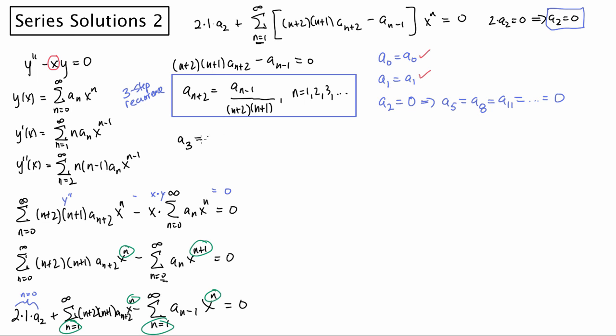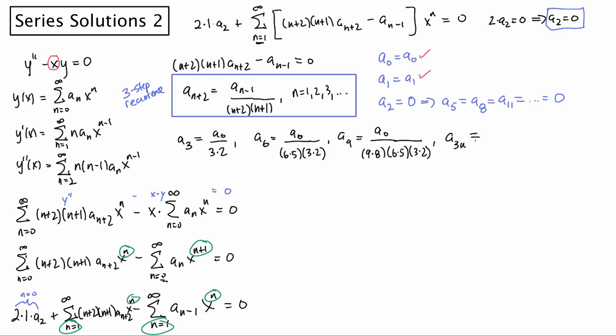So a3, according to this, is a0 over 3 times 2. That would mean that a6 is a0 over 6 times 5 times 3 times 2. Notice we skipped the 4 there. Then that would lead us to a9 being a0 over 9 times 8, 6 times 5, 3 times 2, and we skipped over the 7. All of this is leading us to a description of a_{3n}.